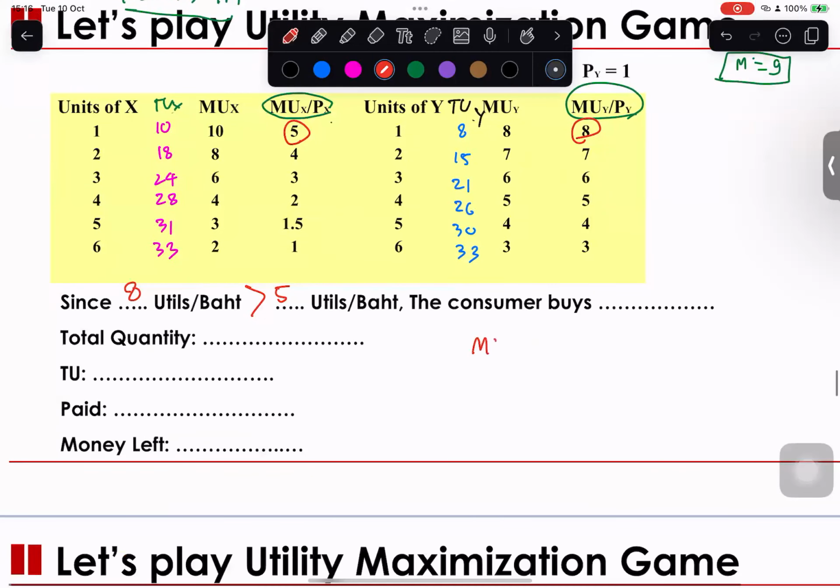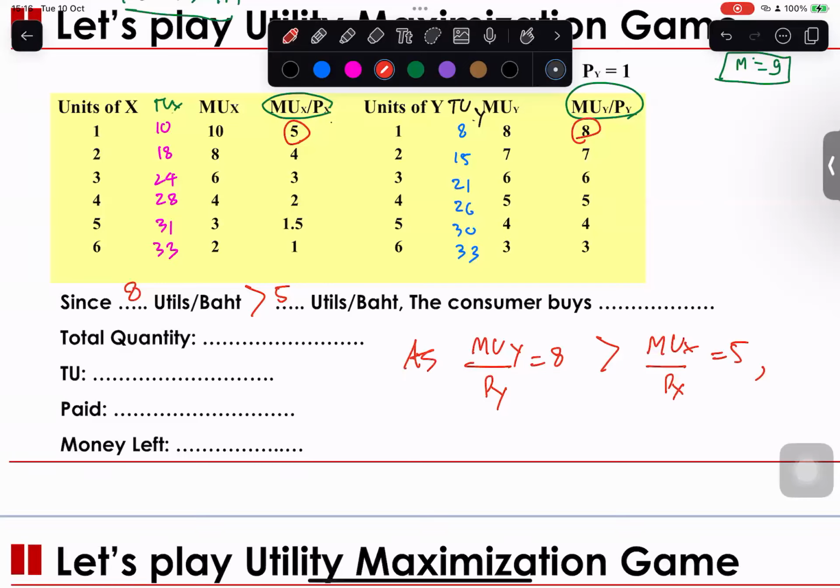So, argument here. Since marginal utility per baht when spending on good Y is higher than marginal utility per baht when spending on good X, then let's spend on good Y first.